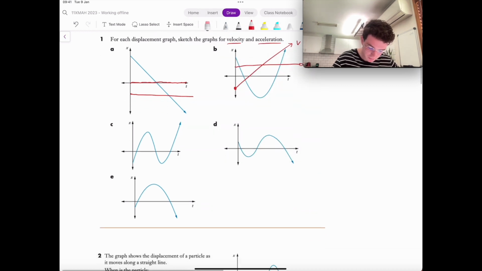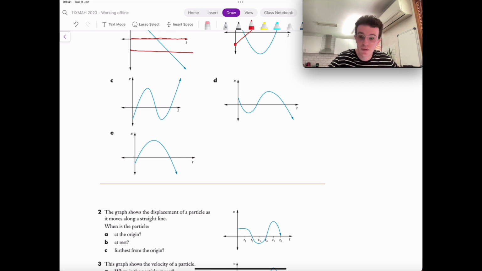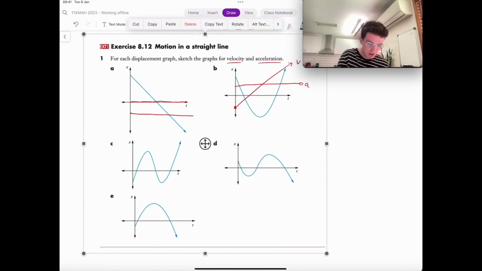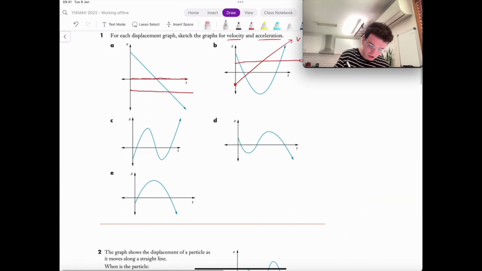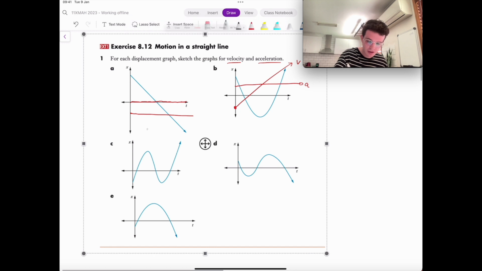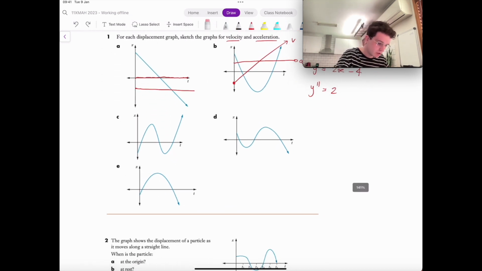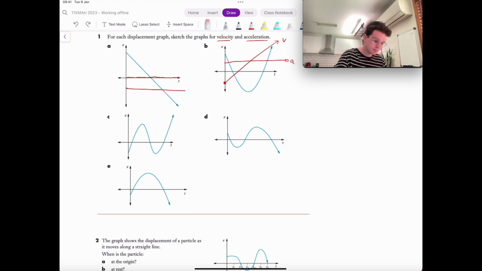Part C. This looks like a cubic function. So if I differentiate a cubic function, I get a parabola. So my velocity is going to be 0 at my stationary points. The stationary points of this function are going to be here, here, and here.